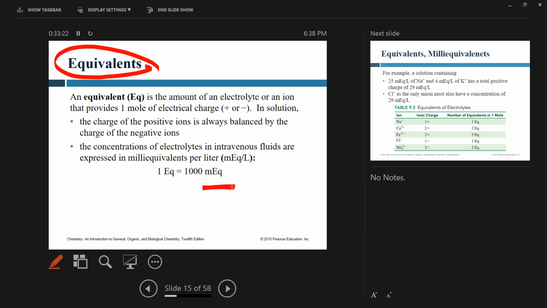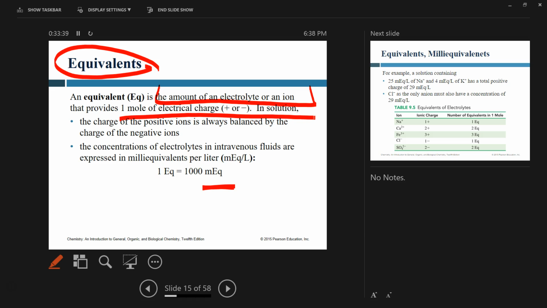So equivalent is, now bear with me, the amount of an electrolyte, or the amount of ion, that provides 1 mole of electrical charge. Let's pause for a second.